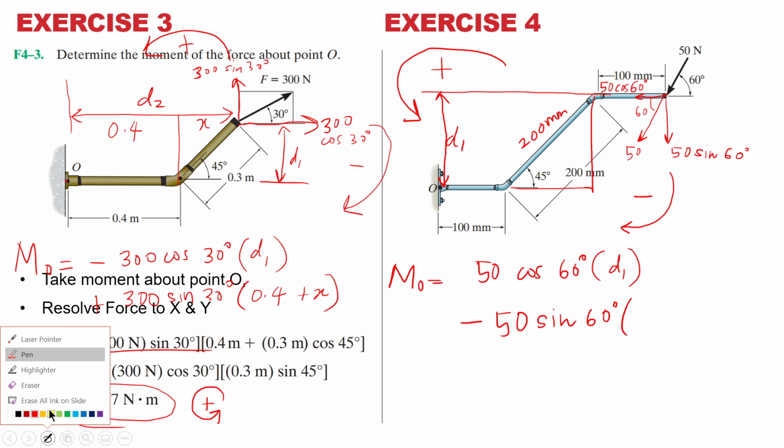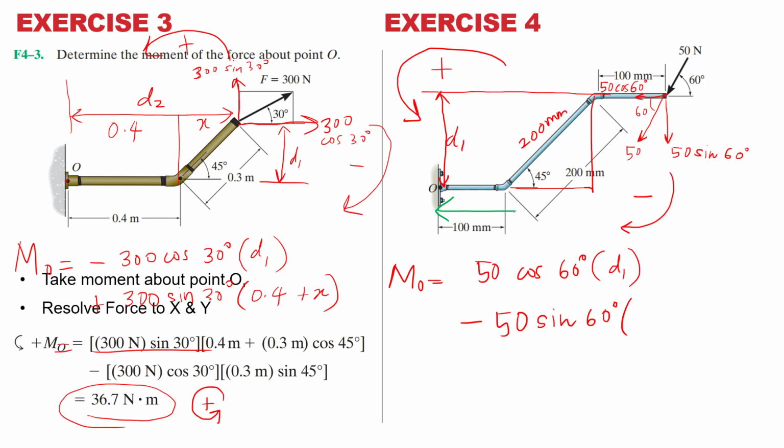I'll use another ink. What color? Red, blue, green. Green. Like that. This is it. This is D2. This 50, the green one. D2. Positive. So, D2. Fifty cos 60. D1, D2. Right. So D2. This D2 is 100 mm plus this distance and then another 100 mm.